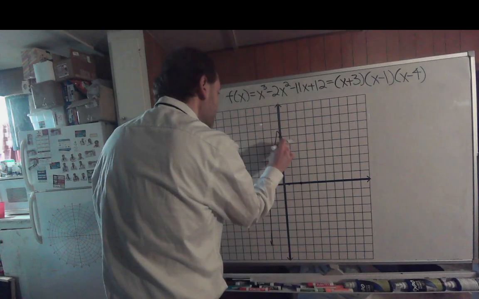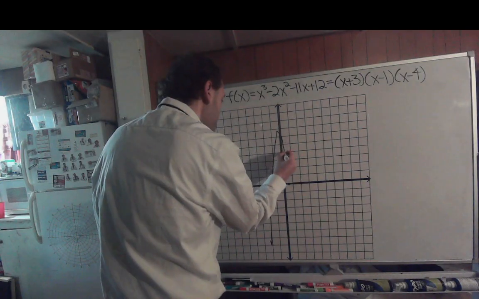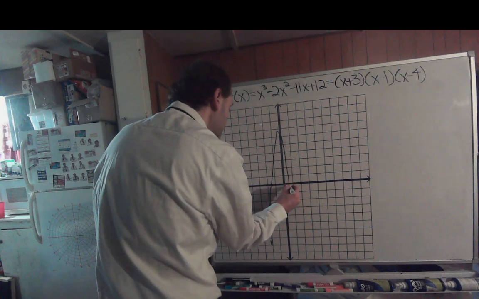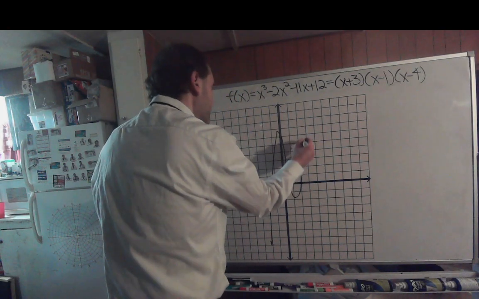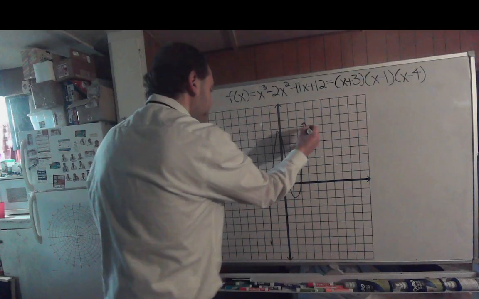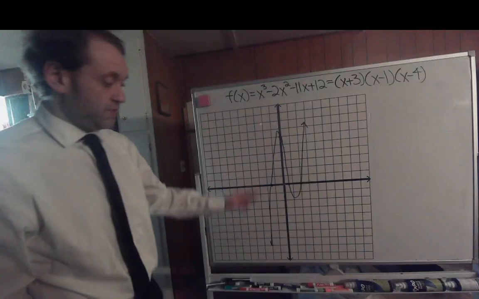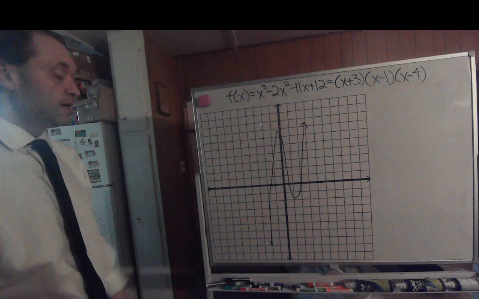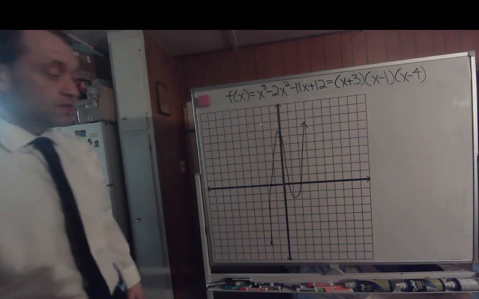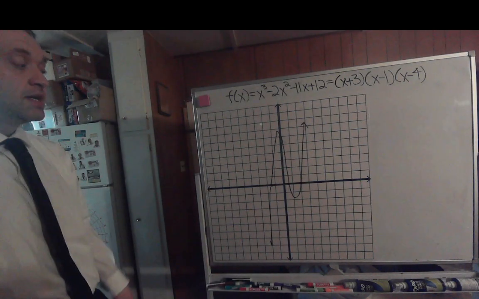There's 1, and dang it, these graphs, the way I put them together. There you go. So, you have 2 turning points. You've crossed through all your intercepts, and voila. There's roughly what the graph looks like, and it falls to the left and rises to the right. Okay?